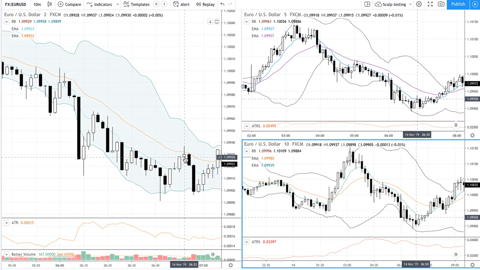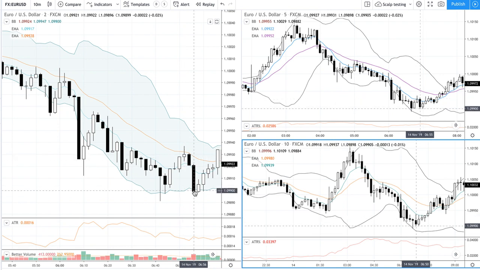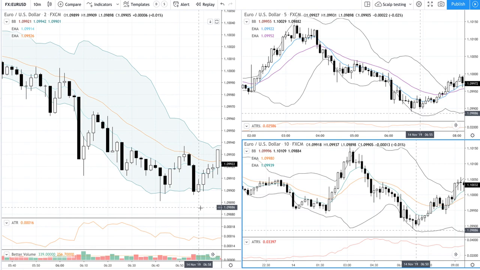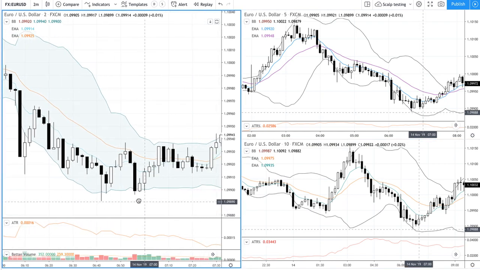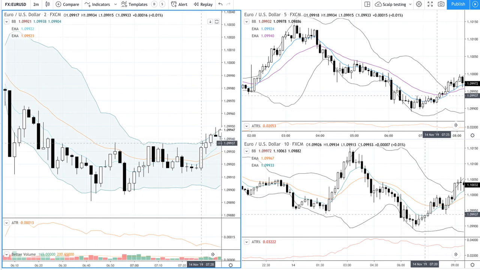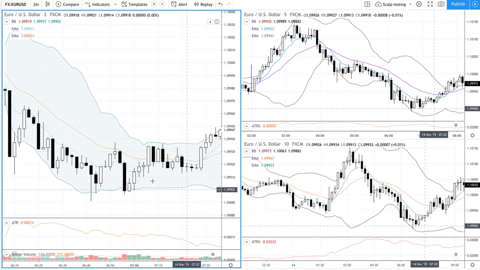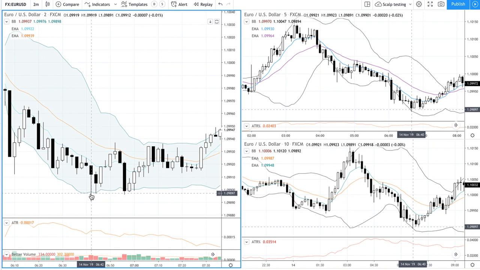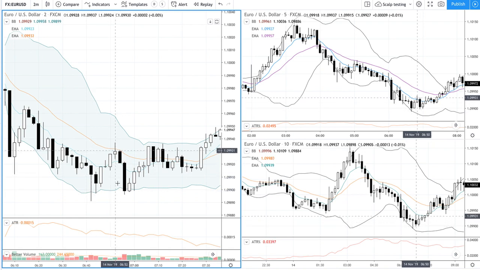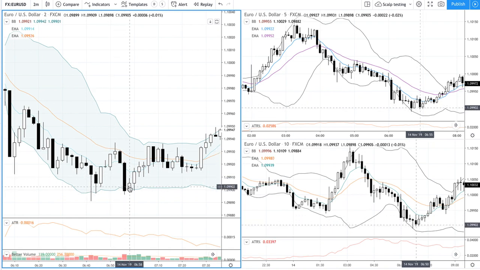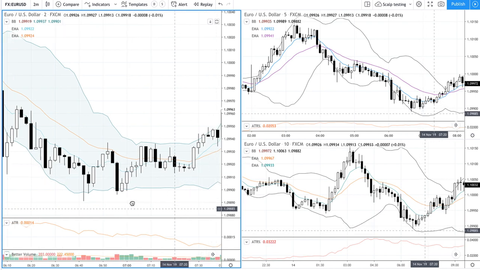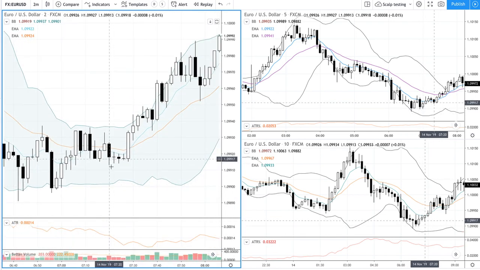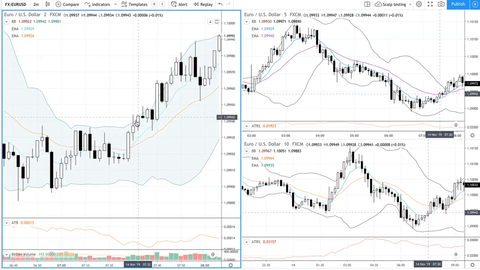So 92 less 3 is 88.5, and 88.5 is here. We have not got to our target before we are stopped out. Okay, so you can see that because we're still in decreasing volatility trending mode, we do not take this long setup, which would have worked, and we are still taking short setups.